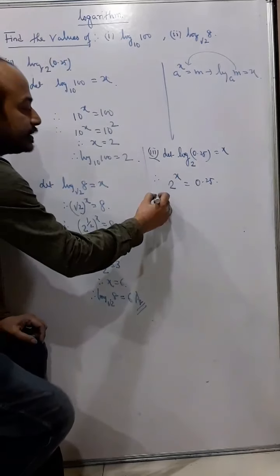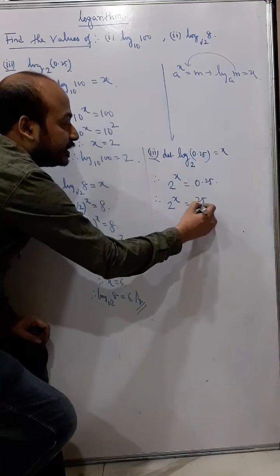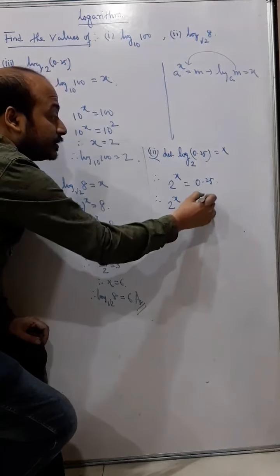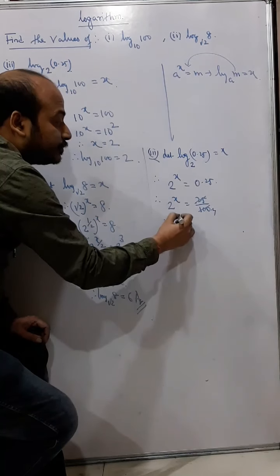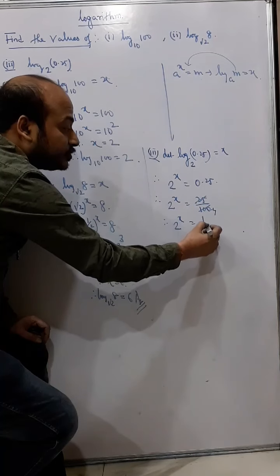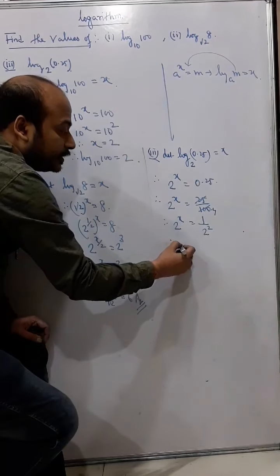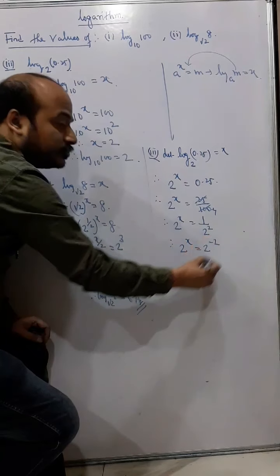Therefore I can say 2 to the power x is equal to 25 by 100. So I got 2 to the power x is equal to 1 by 4. 1 by 4 means 2 square, therefore 2 to the power x equals 2 to the power minus 2.